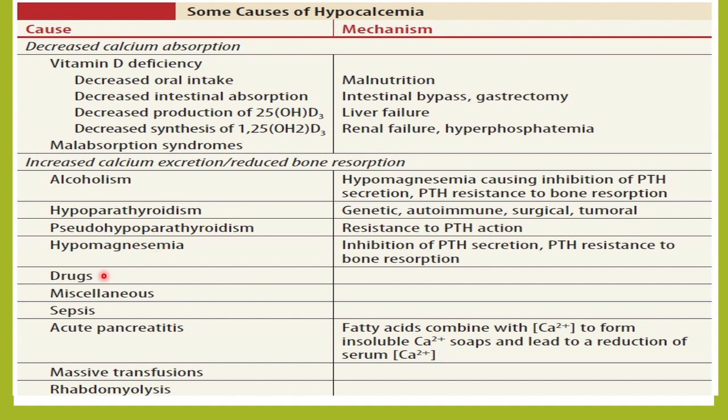Certain medications, sepsis, acute pancreatitis. What happens in acute pancreatitis? There are a lot of fatty acids which are released. They combine with the calcium in the serum and form insoluble calcium soaps, which can cause reduction in calcium. Massive transfusion with citrated blood, rhabdomyolysis, all this can cause hypocalcemia.